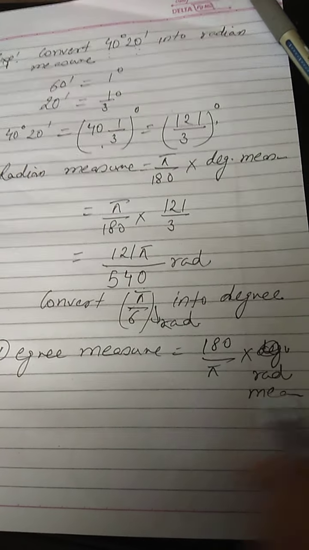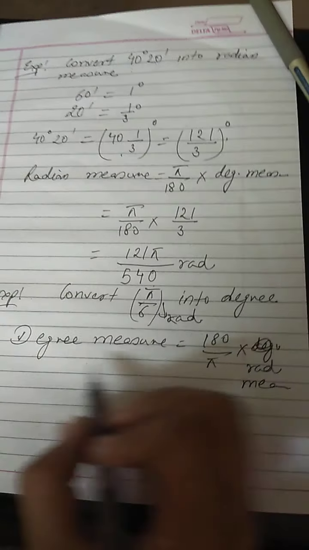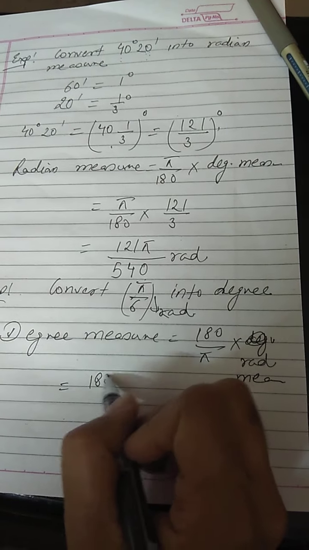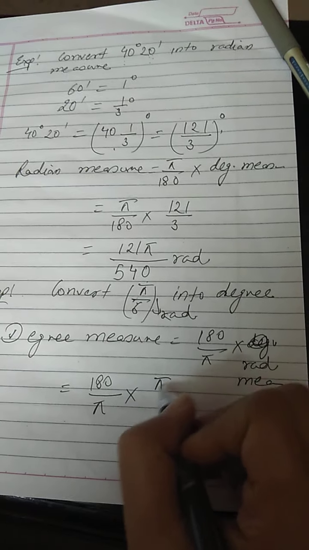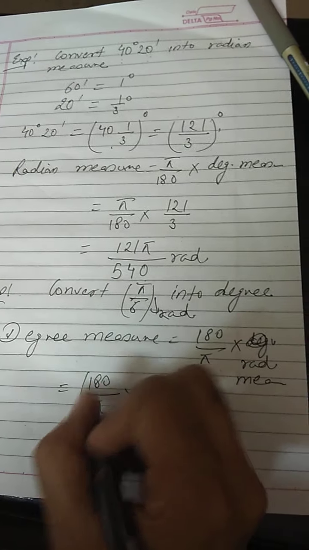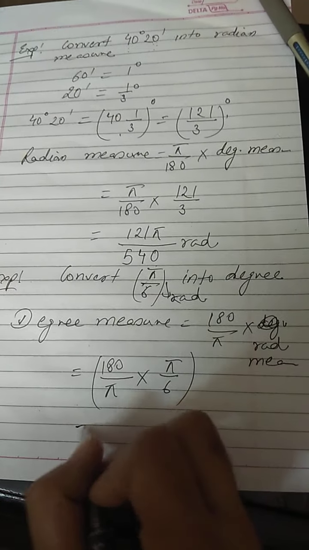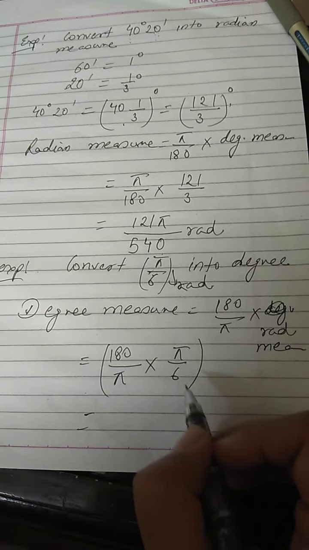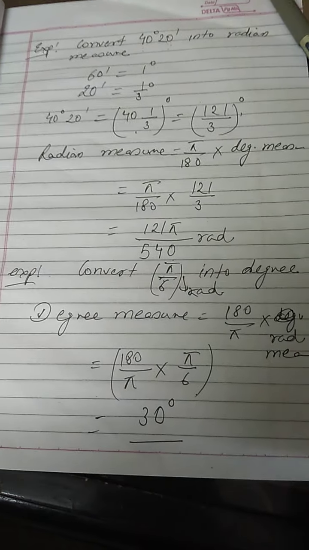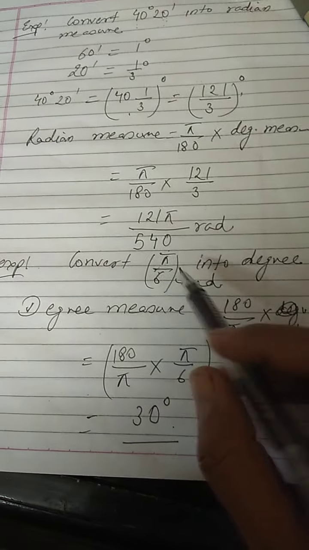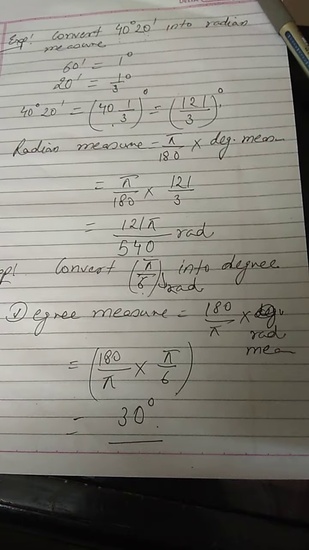So we write 180 upon pi into pi by 6. Pi and pi cancel, 6 into 3 is 18, so it becomes 30 degrees. That means 30 degrees is equal to pi by 6 radians.